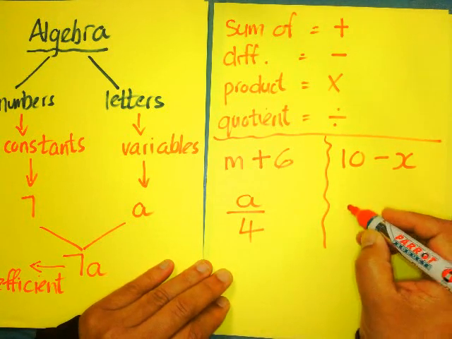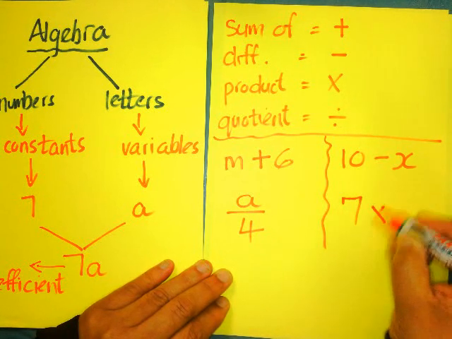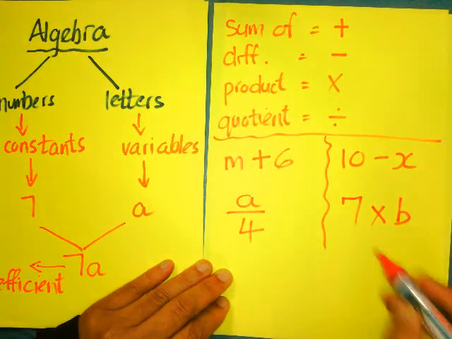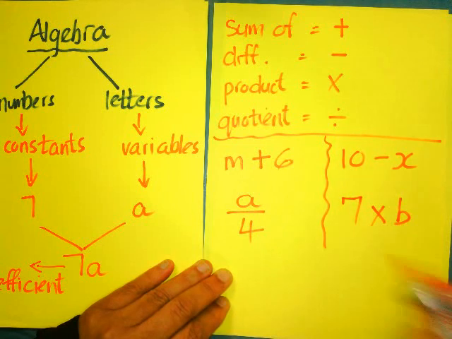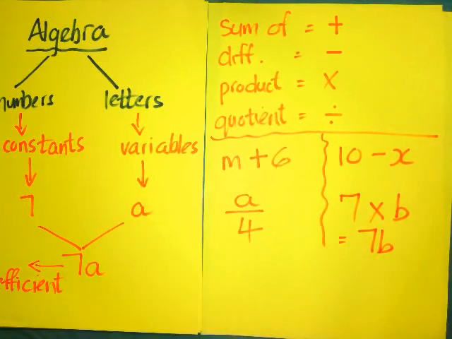I can also say the product, which is multiplication, of 7 and a number. Now algebraically you must not write the multiplication sign, so that answer will be 7b.